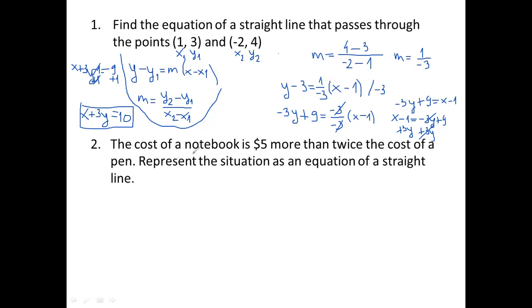So first, does someone have any idea how we can start this? So first we need to represent it as a straight line. So what are we missing, what do we need in order to write the equation? Does someone have an idea or no?